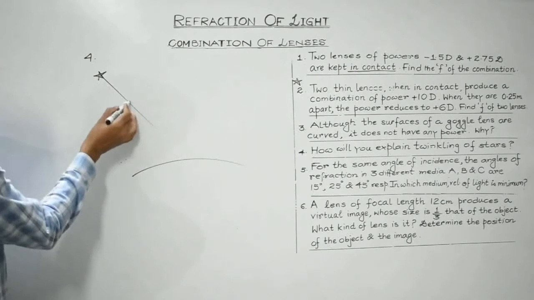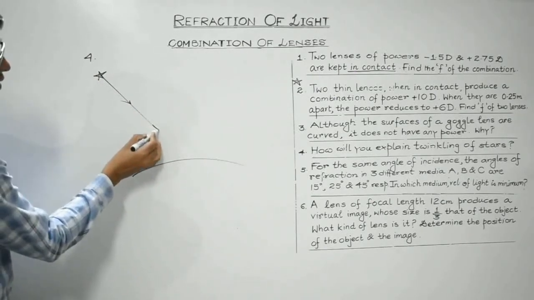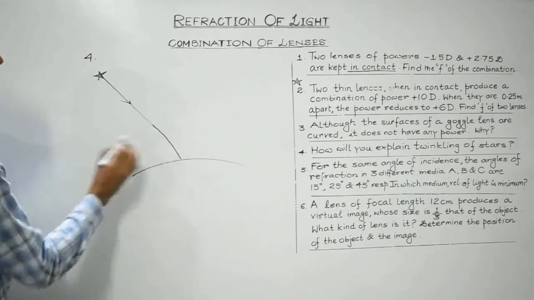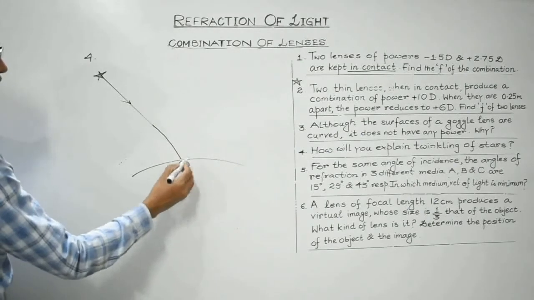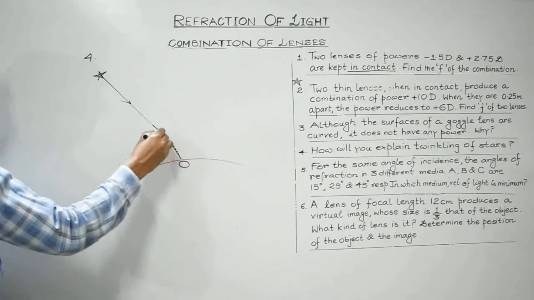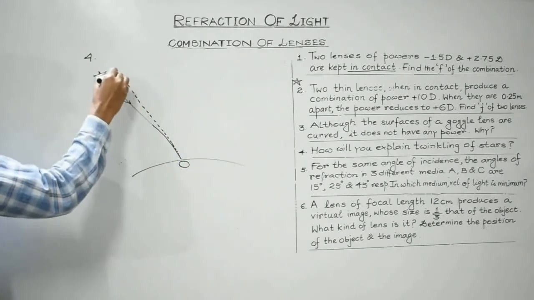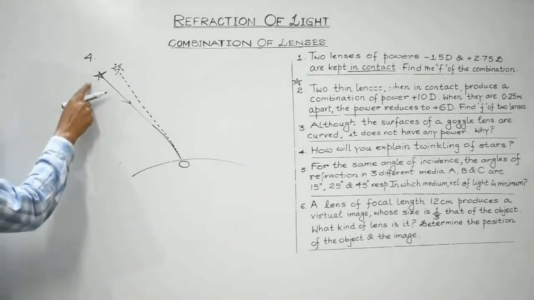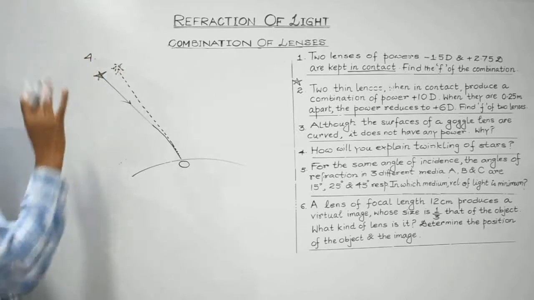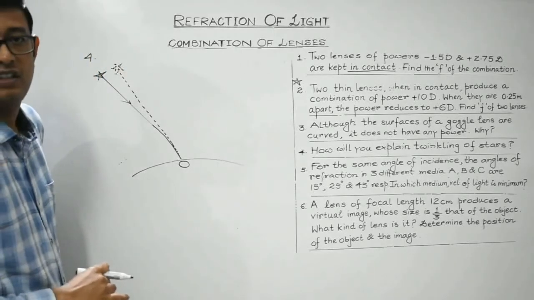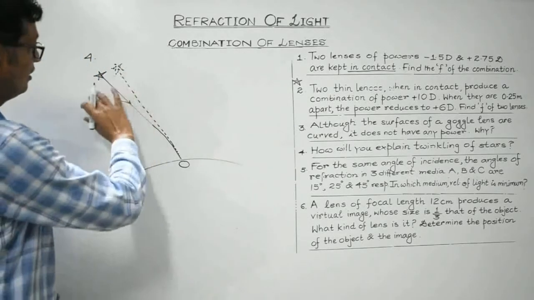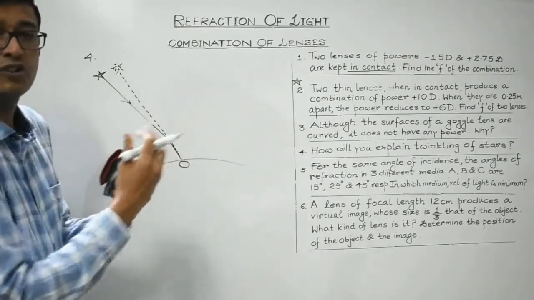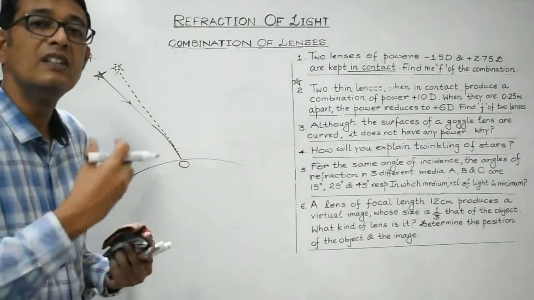So ray is coming over here. On entering the Earth's atmosphere, it will slightly bend. So to an observer over here, it will appear as if the star is somewhere over here. This will be the apparent position of the star. So this is the actual position of the star and this is the apparent position of the star. And why are there two different positions of the star? Due to the atmospheric refraction of light.